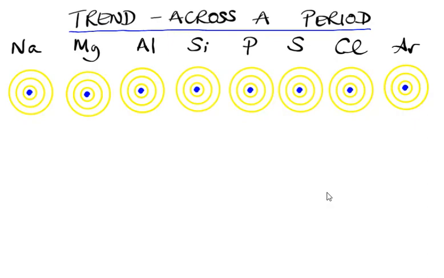Let's now have a look at ionisation energies and their trend across a period. We can see set out here we've got period 3, going through from sodium to argon.